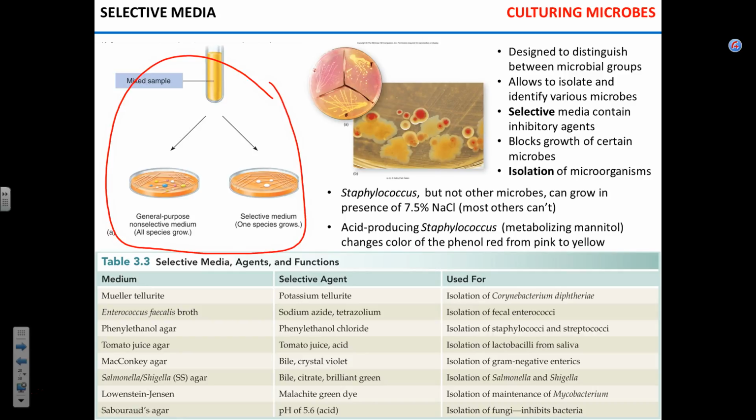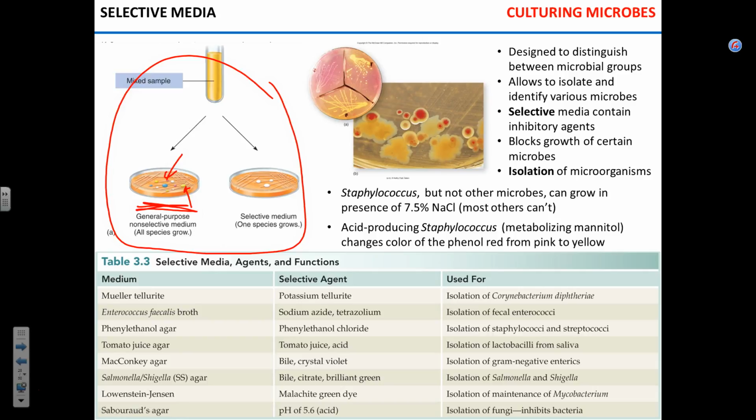Okay, so you have a general purpose media. You see all the different colors like yellow and supposedly blue, but I honestly cannot think of any blue bacteria. I can think of green colonies, but not blue, right off the top of my head. But let's say you have different colors, all different species.